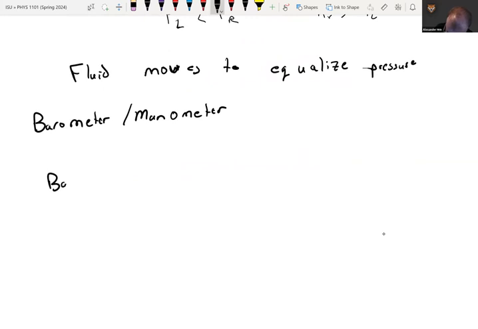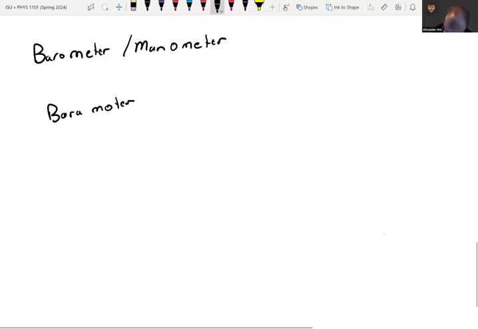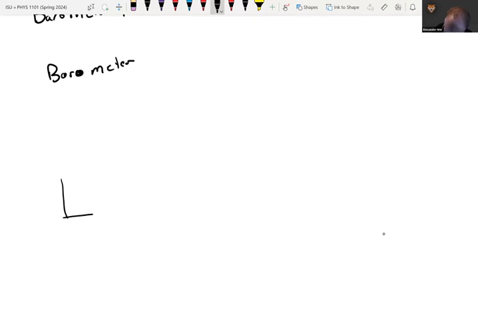So if we have a barometer, the idea here, as a reminder, is that we had a pool of mercury down here, and we had a tube that was stuck into the mercury.